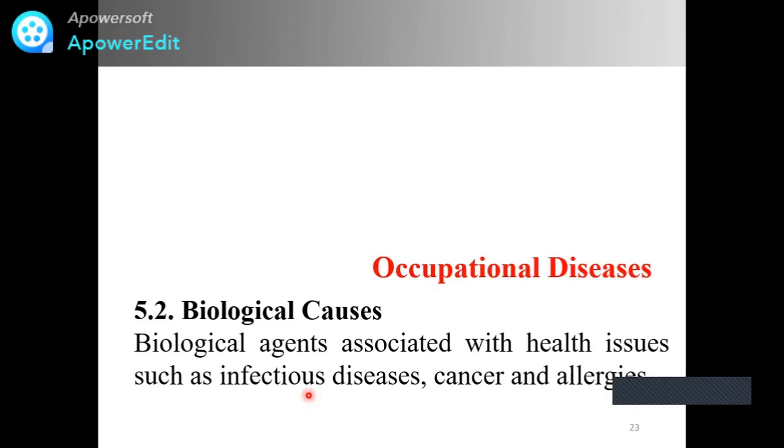Biological agents include bacteria, viruses, fungi, other microorganisms, and their associated toxins. They have the ability to adversely affect human health in a variety of ways.